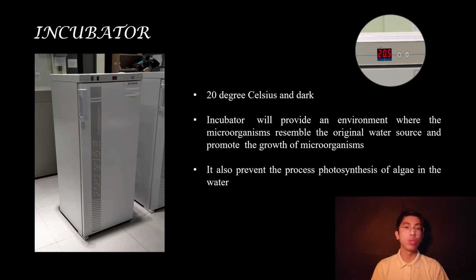So why do we use 20 degrees Celsius? 20 degrees Celsius is a standard temperature to provide an environment where the microorganisms resemble those in the original water resource, to promote their growth. Besides, it also provides a dark environment to prevent photosynthesis of algae in the water, in order to get an accurate DO reading.